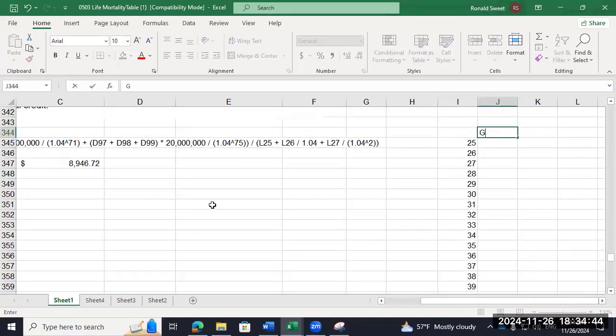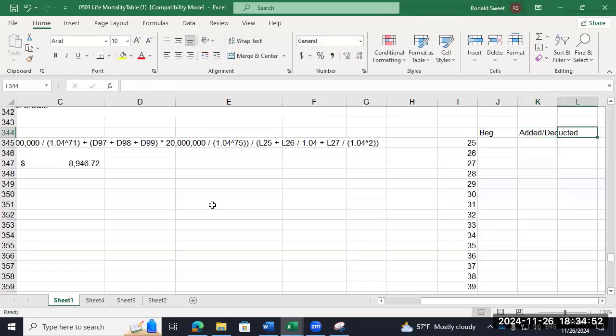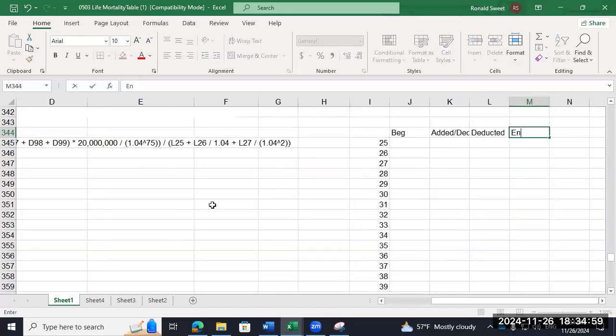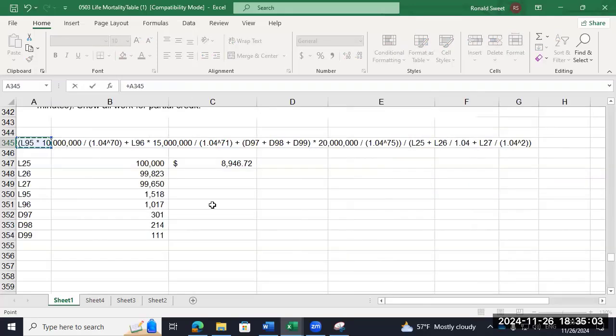So you have a beginning value. You have added, deducted at the beginning of the year, added, deducted. You have deducted at the end of the year, and you have the ending value. So our beginning value is 0. We're going to have the L25s pay that amount.